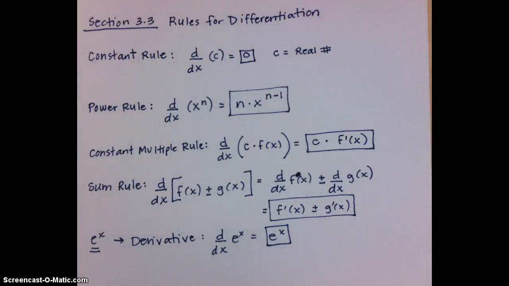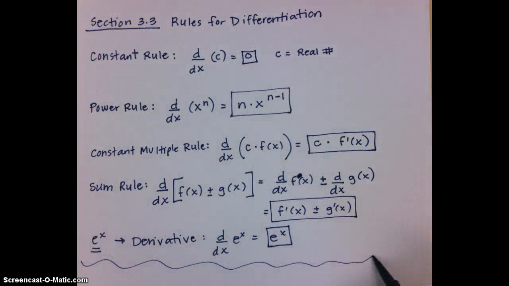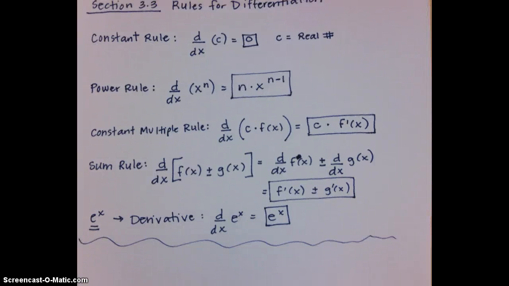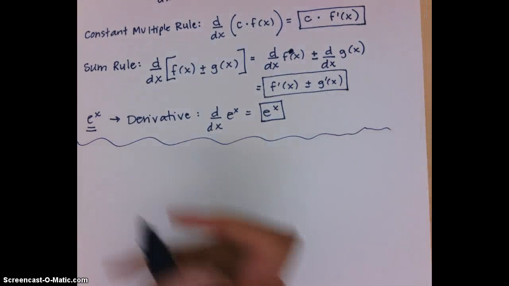But it has been proven, and it is shown in more detail in the textbook why this is true. But you'll always want to remember that the derivative of e to the x is always itself. It's the only function where that happens. It's unique in that way, and it's something that we'll always have to remember. All right, so those are our basic rules. Now let's try using some of those rules in some examples.